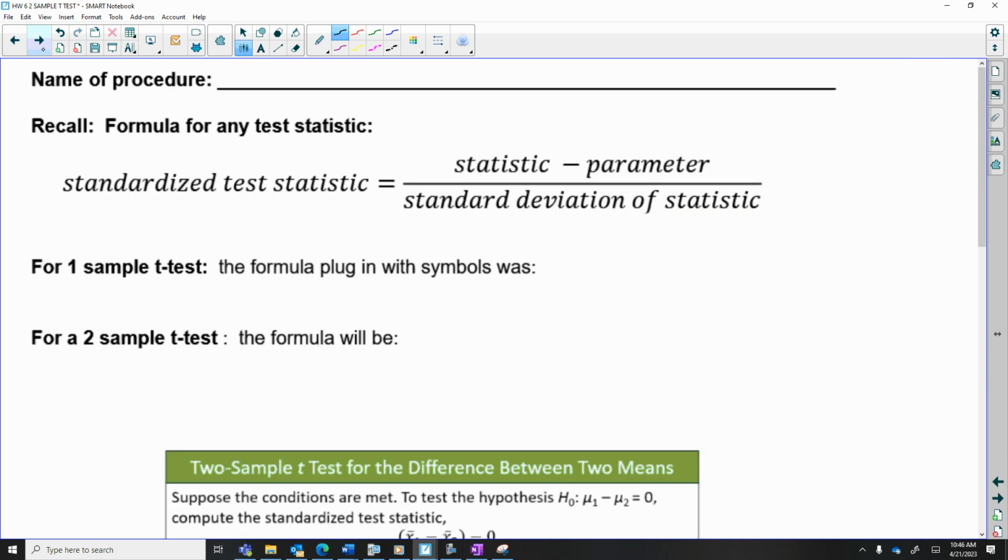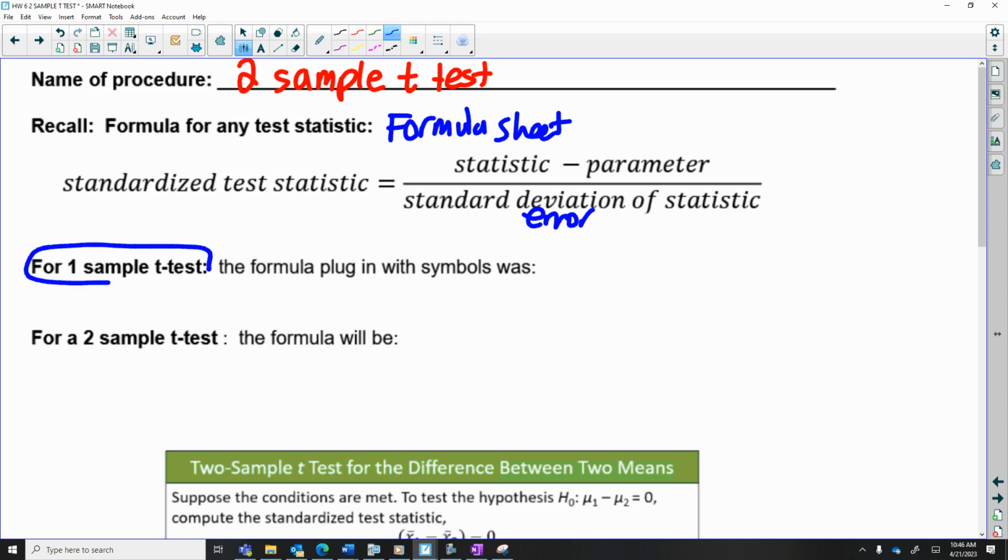What is the name of the procedure? It is a two-sample t-test, which we kind of already derived in the beginning of this video. Now remember, the formula for any test statistic from the formula sheet is statistic minus parameter over standard deviation or standard error of the statistic, depending on if it's deviation or error. Remember, for the one sample t-test for means, we used t instead of z.